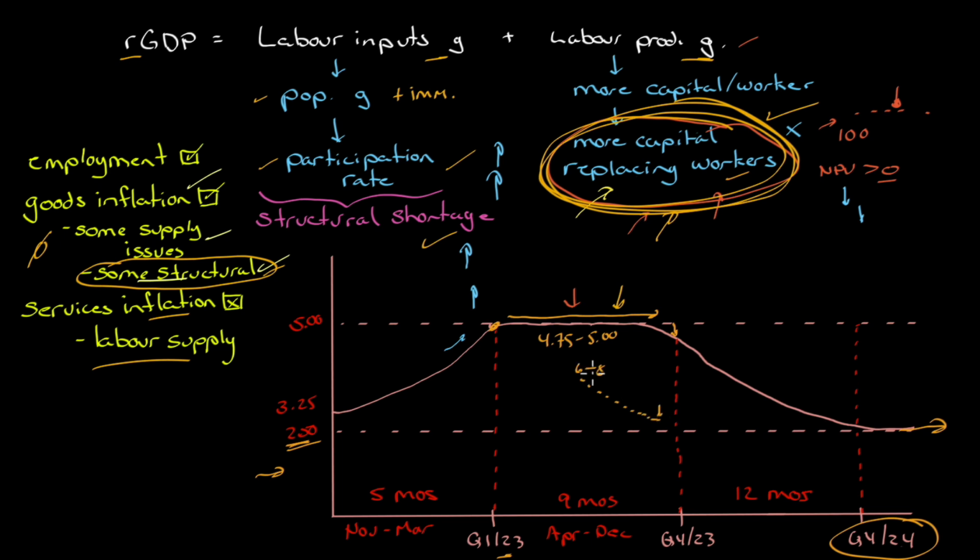We've had 6 to 8 months of it doing that now. We feel pretty good. And I think they'll be just as careful to cut as they were to increase. Remember when they first increased, they said, let's just go 25 basis points. I think they'll go from 4.75 to 2.5 over the period of 12 months, maybe even longer. So Q4 2024, we're still sitting at 2.5, and I think that will continue for a while.